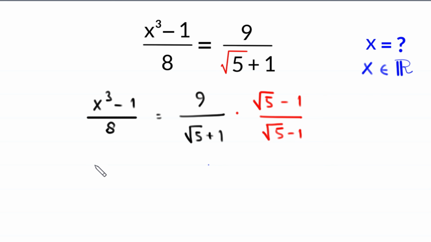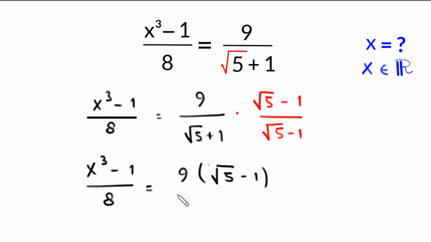So the equation will become x cubed minus 1 divided by 8 is equal to 9 times the square root of 5 minus 1 divided by root 5 squared minus 1 squared.